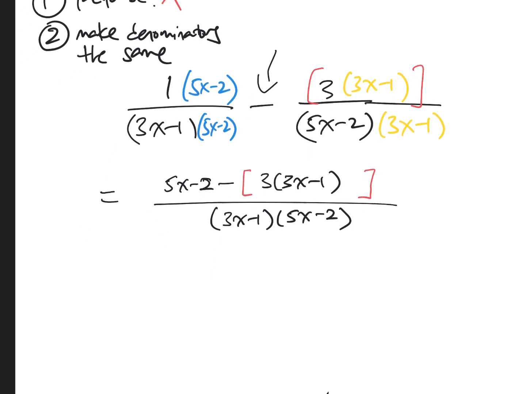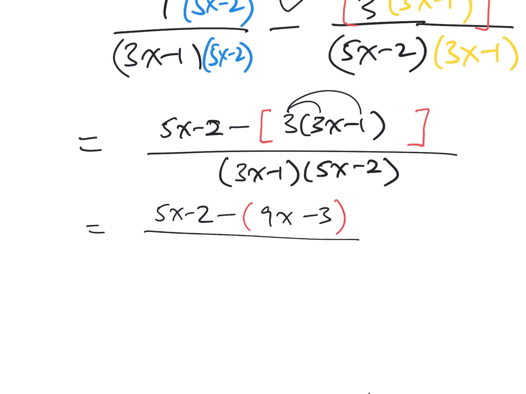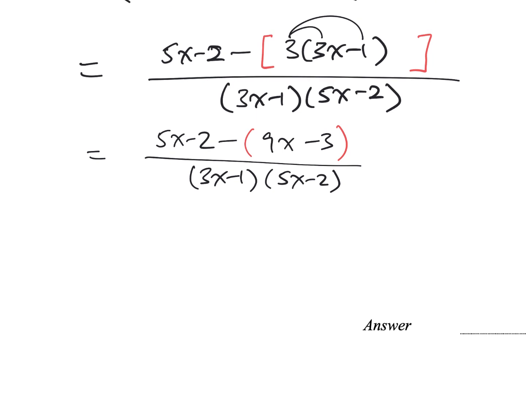is this. Okay, now there are a few ways you can look at it. Maybe let's try to simplify this first. So we have 5x minus 2 minus, remember invisible brackets, 9x minus 3. Now you can see why it's so important, because the brackets require that when I bring them in, I have to change the sign.